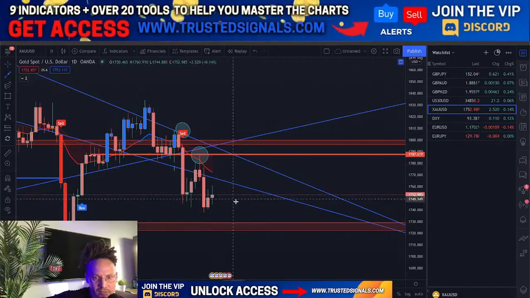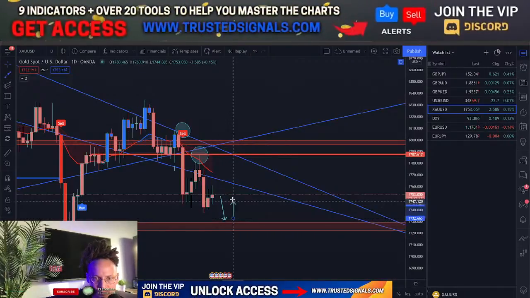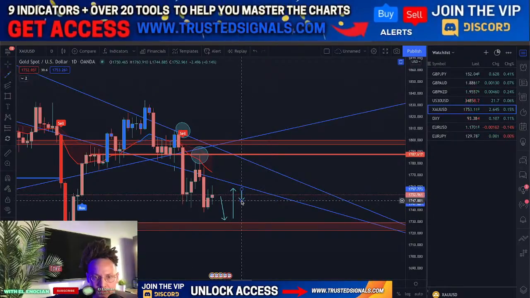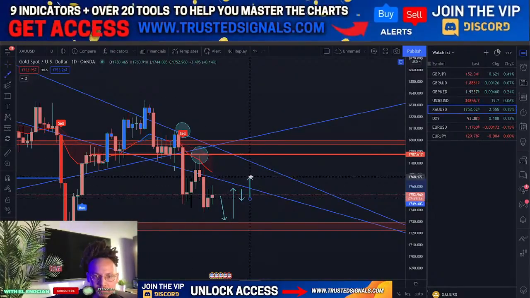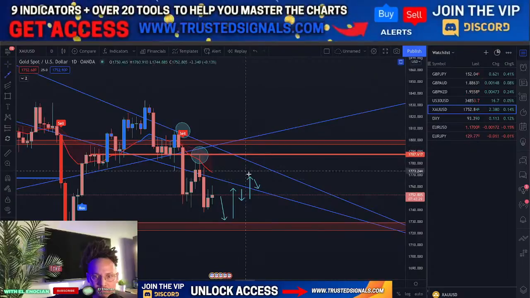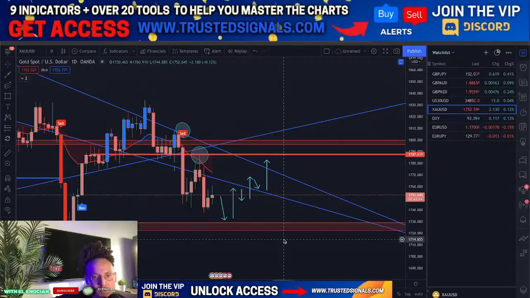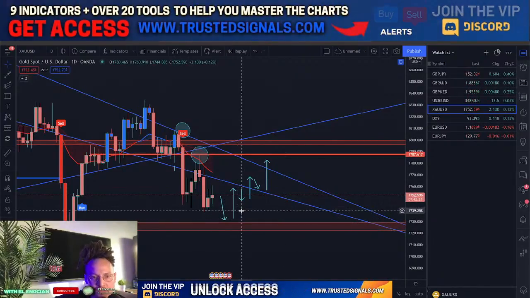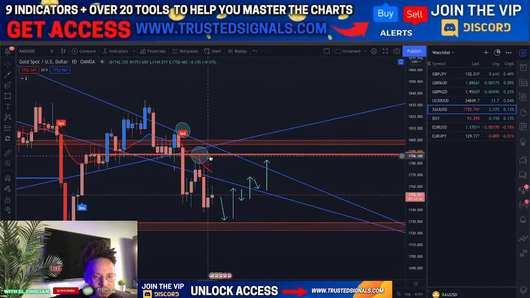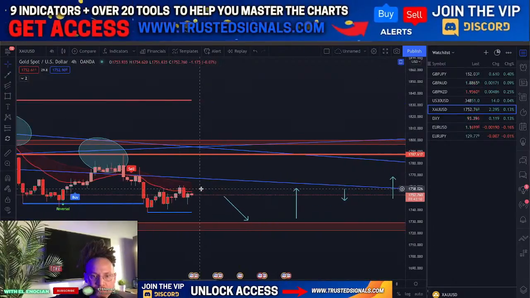It can go something like this, then like this, then like this, like that. A retest, and coming up to here. So this is when I would go in short. I would wait to see that confirmation of it rejecting these levels and go in short on the auto support or resistance of Trusted Signals, and then going in on the lower time frames.